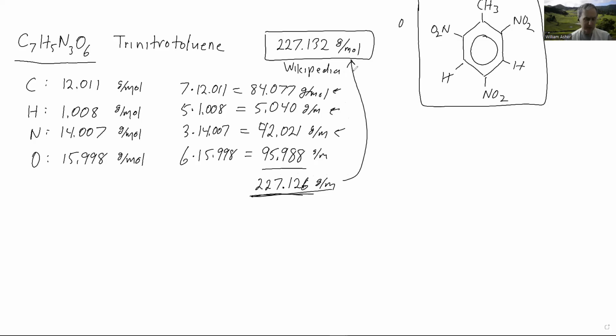Now to calculate the percent mass of each element in TNT, we're going to take the total mass of that particular atom in TNT and divide it by the total mass of TNT.